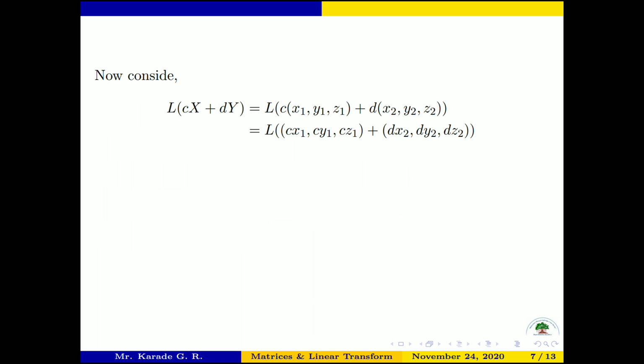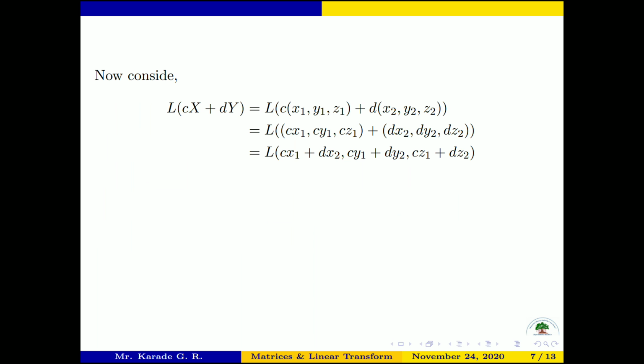Now inside the bracket this is the addition of two vectors, and we know how to add these two vectors. We add these two vectors component wise. So L of (cx1 + dx2, cy1 + dy2, cz1 + dz2).